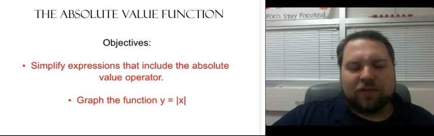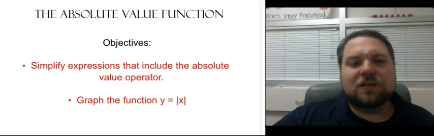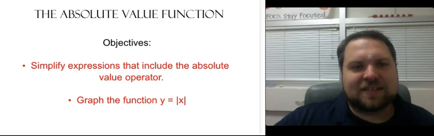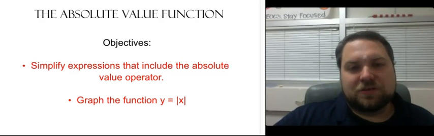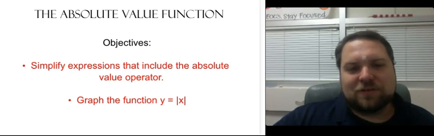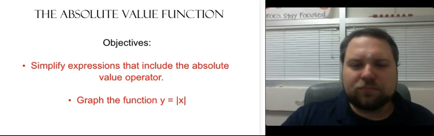And so we're going to look at what that means, how to simplify that in an expression. And most importantly, we're going to look at the function graph of y equals the absolute value of x. So by the time you're done with this, you should know what absolute value is. You should be able to simplify absolute value expressions, and you should be able to graph the function y equals the absolute value of x.